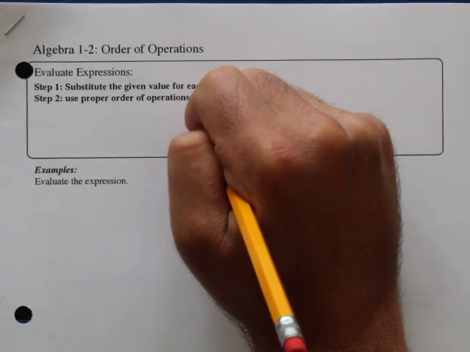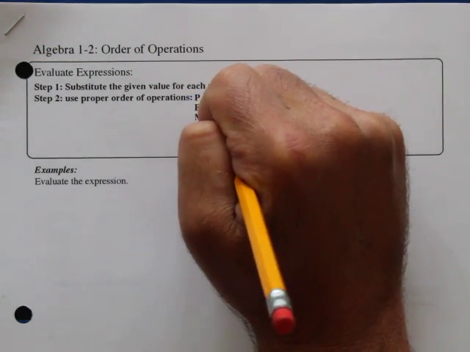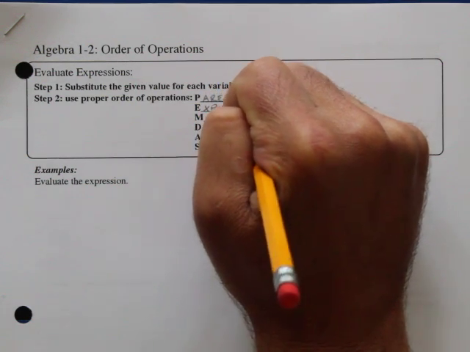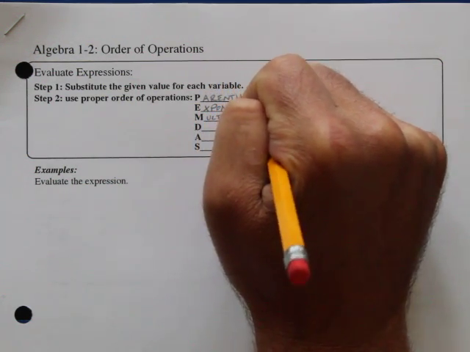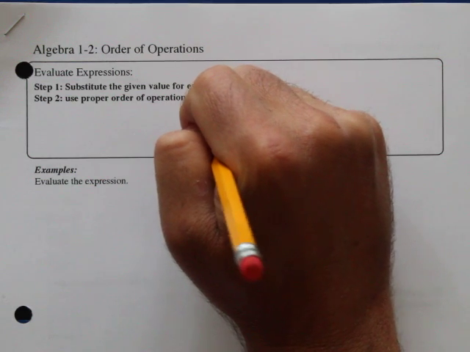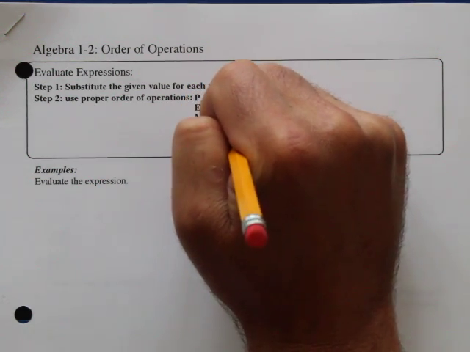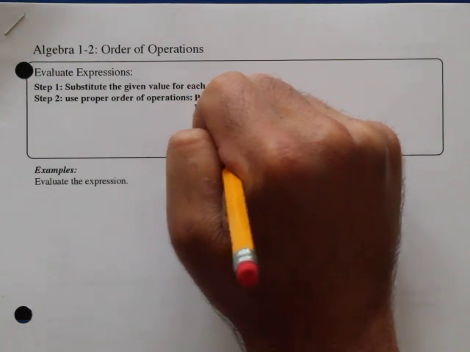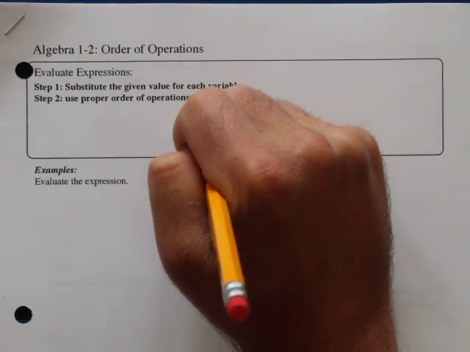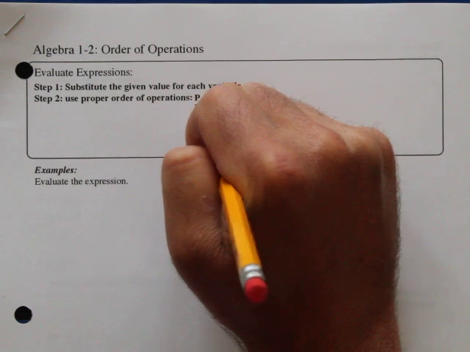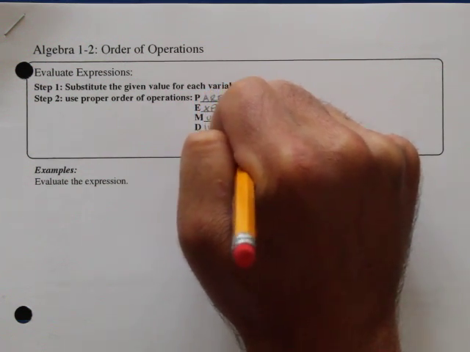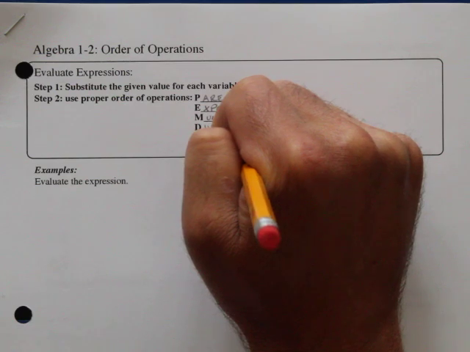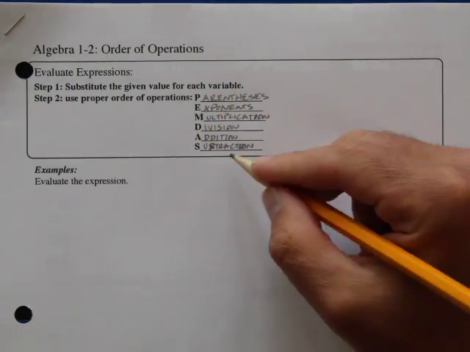Then we are going to do multiplication, and division. Then we will do addition and subtraction. Subtraction. That's a little messy, but there.